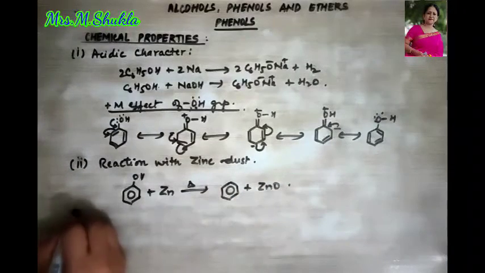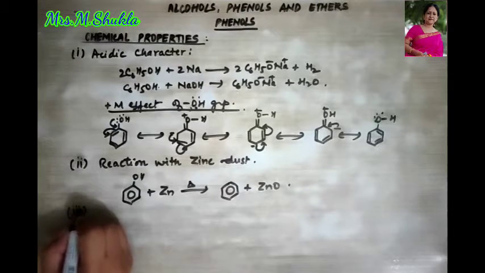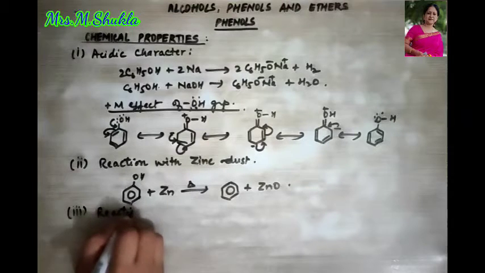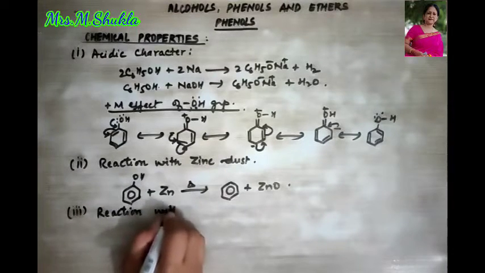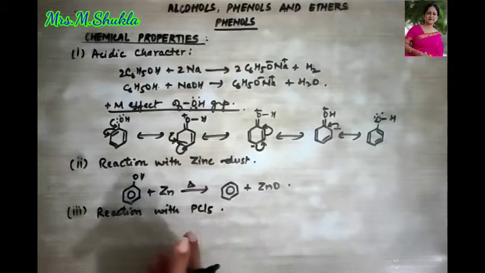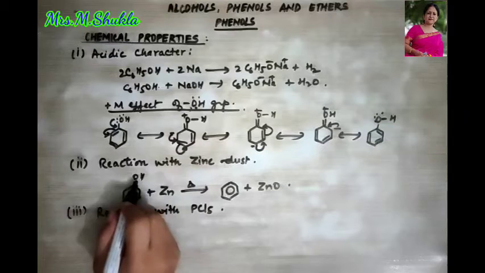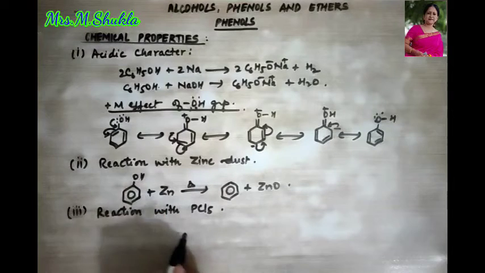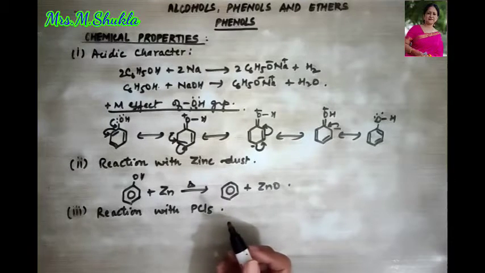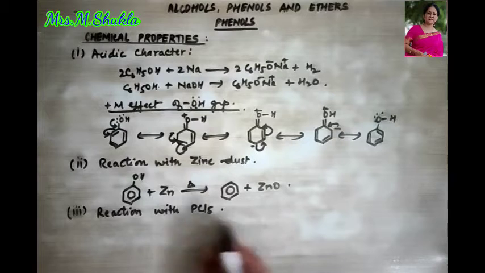Then next, third reaction, if we talk about the reaction with PCl5, right? The replacement of the OH group of this phenol by a halogen atom is very difficult, and thus it yields chlorobenzene, which is very poor in yield.